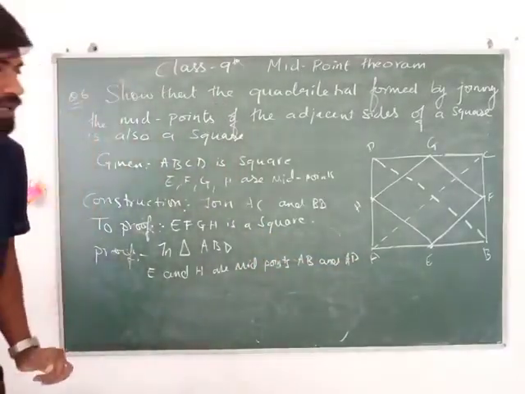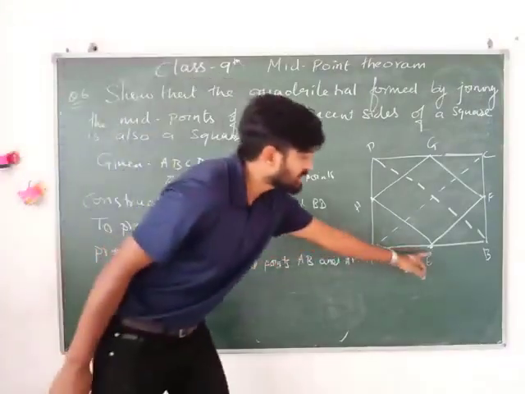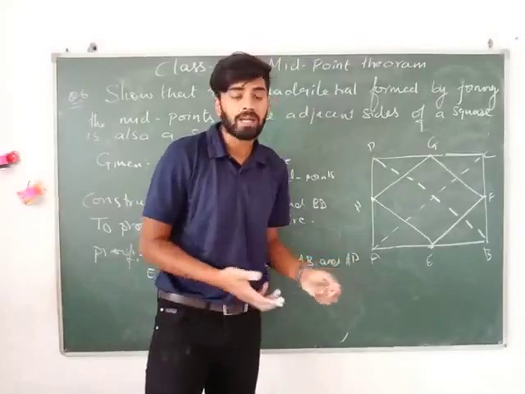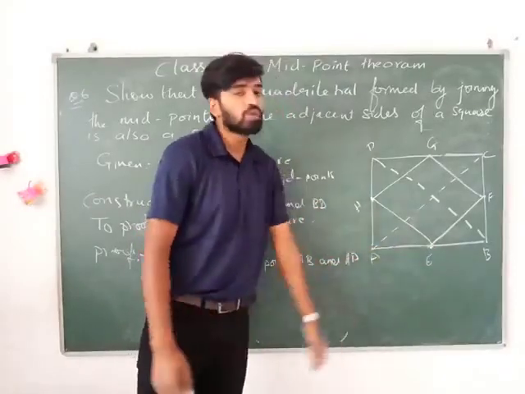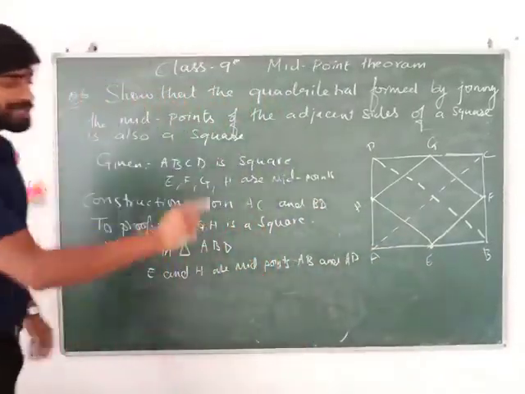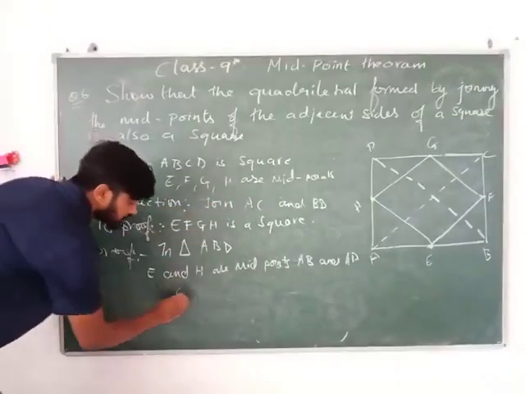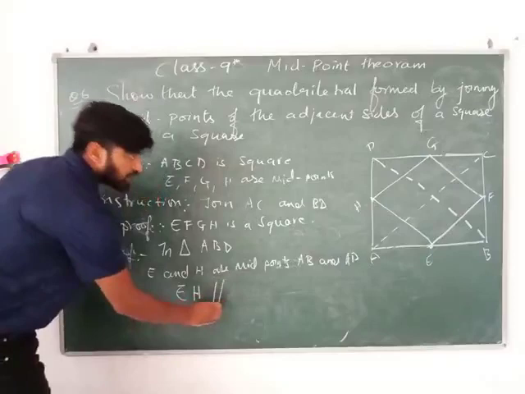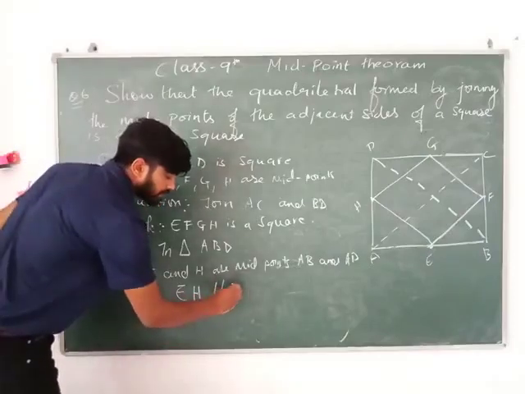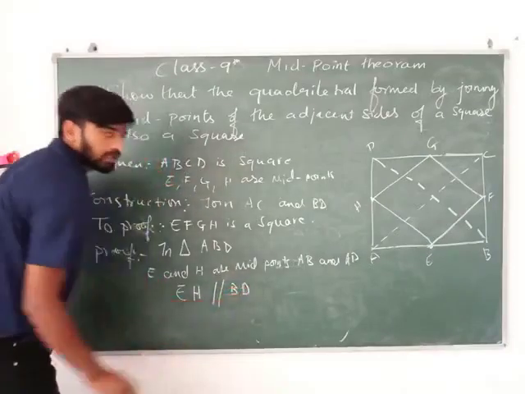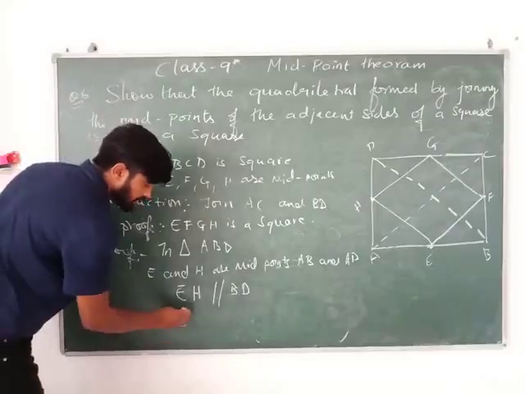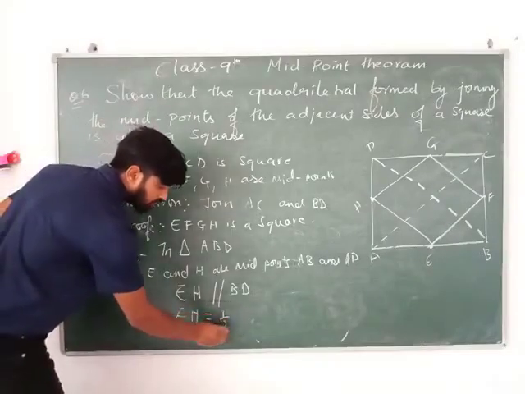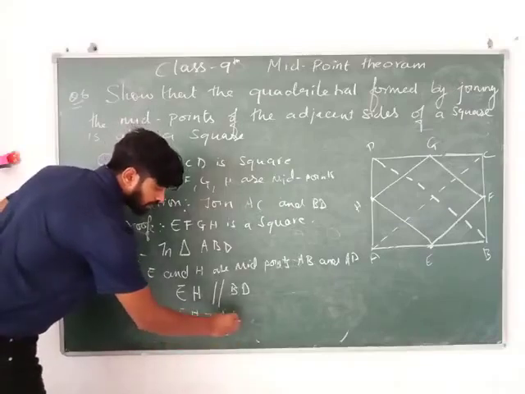When two midpoints are given, and I can see a triangle, we learned the midpoint theorem for triangles. And if these are the two midpoints, I can say that EH is parallel to BD, and I can also write EH is equal to half of BD.